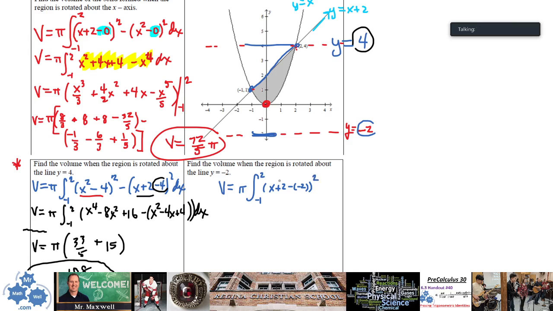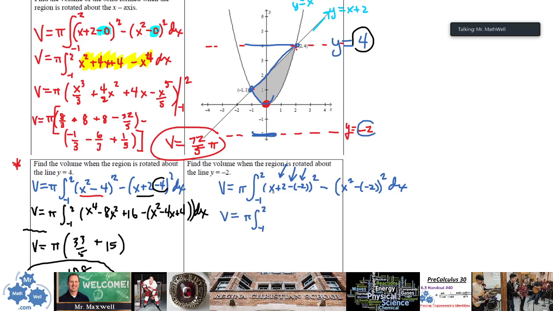The function that's the farthest away, x plus 2, minus the line of rotation. Minus the inside, the function that's closest, which is the x squared function, minus -2 as well, squared dx. So we can simplify this quite a bit.